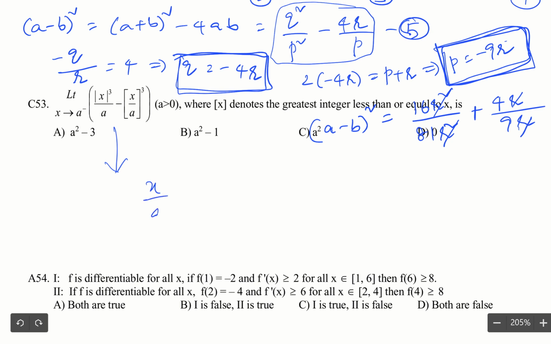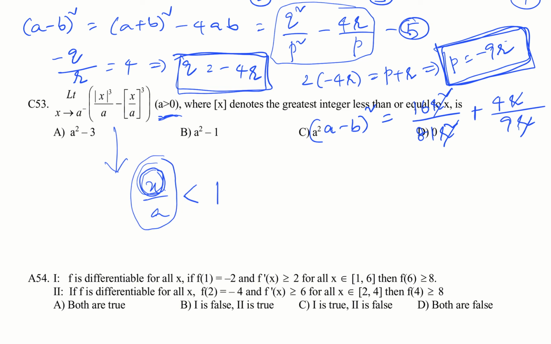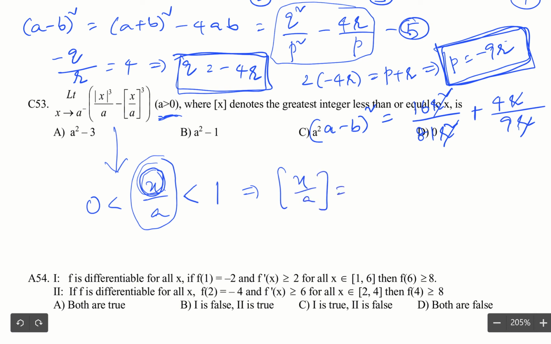Therefore, if I take x by a, as x is taking values smaller than a, the numerator is always smaller than the denominator, therefore this is always less than 1. Moreover, observe that a is positive, and therefore as x is coming close to a, x also takes positive values, therefore the whole thing is positive. It is positive means it is greater than 0.